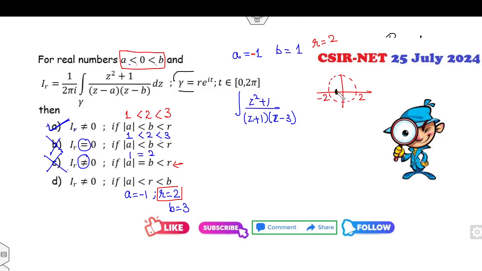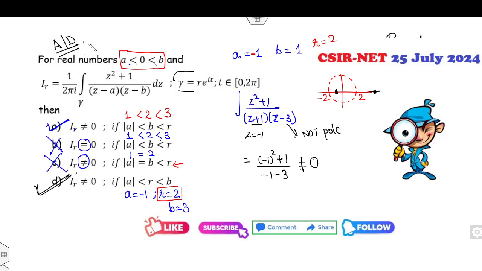Minus 1 lies inside, 3 lies outside, so 3 is not a pole. I can substitute only z equal to minus 1 everywhere: minus 1 square plus 1 over minus 1 minus 3. That will definitely be non-zero, and he said non-zero. Yes, this is the right answer. A and D are the correct answers of this problem.